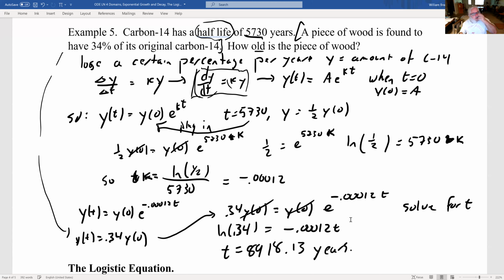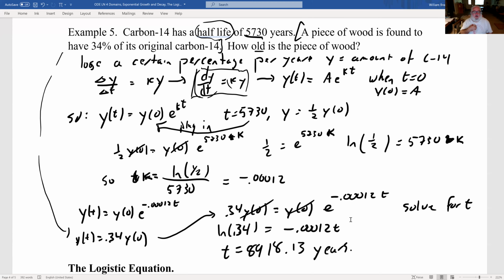So how does carbon-14 dating work? Well, the idea is that the atmosphere is full of carbon. Some of it is carbon-14, which is radioactive and decays, and some of it is carbon-12, which is not radioactive and doesn't decay. So when you're alive, you're breathing in, breathing out, the proportion of carbon-14 in your body to carbon-12 is about the same as it is for the atmosphere.